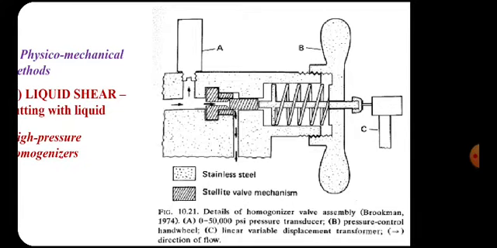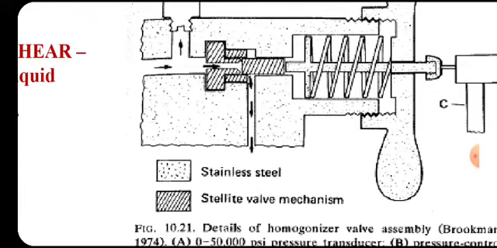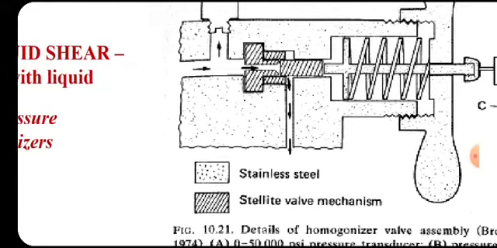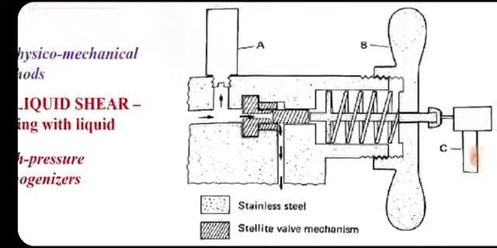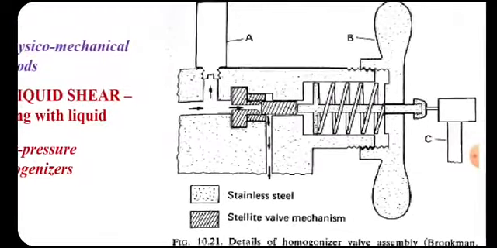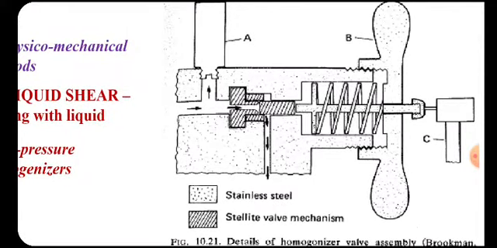You can see that there are boxes mentioned at the bottom: stainless steel and stay-light valve mechanism. This valve mechanism is very essential, which is shown by boxes with lines in the center. This mechanism is responsible for non-returning of the slurry.